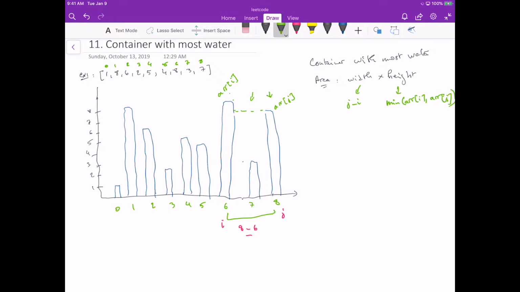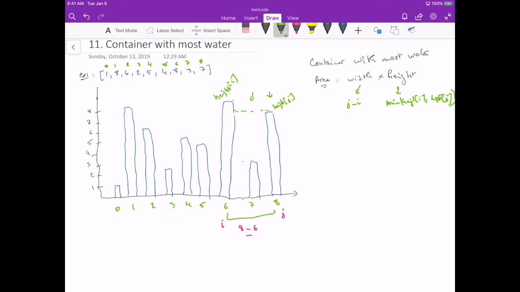In the problem they call the array heights, so let's match that so we don't get confused later. So it's min of heights[i] and heights[j].